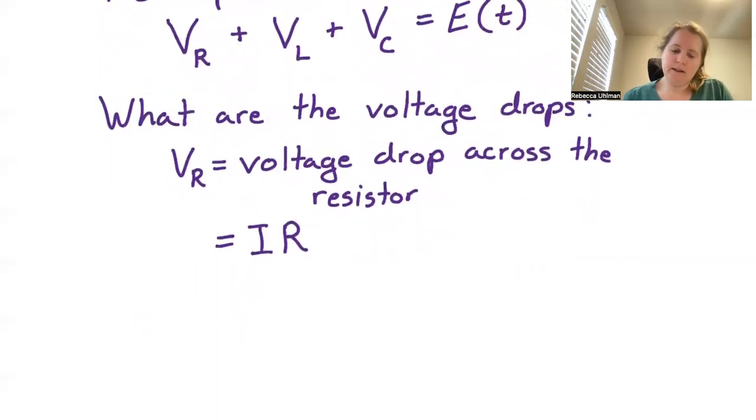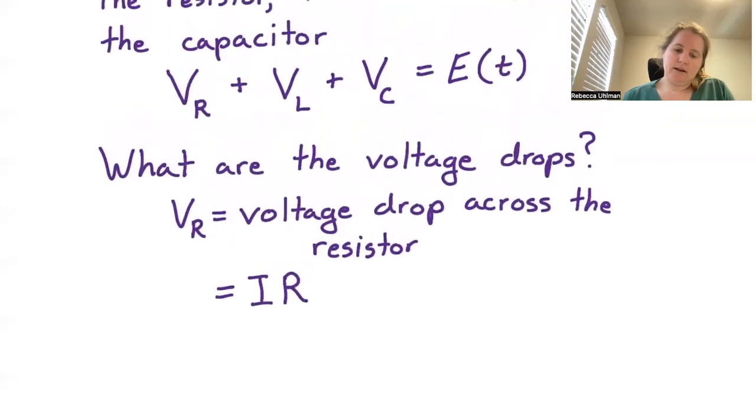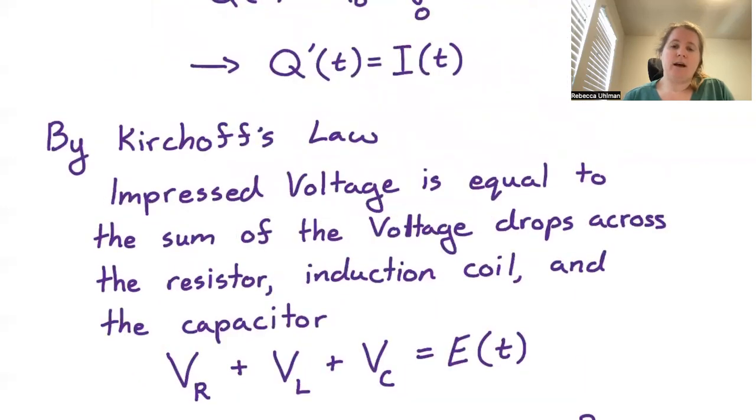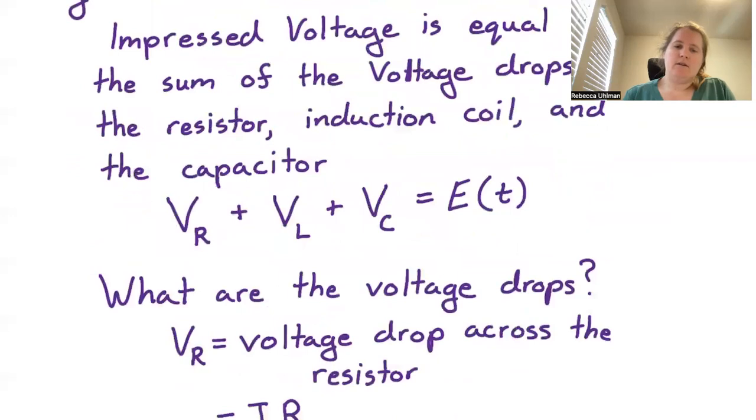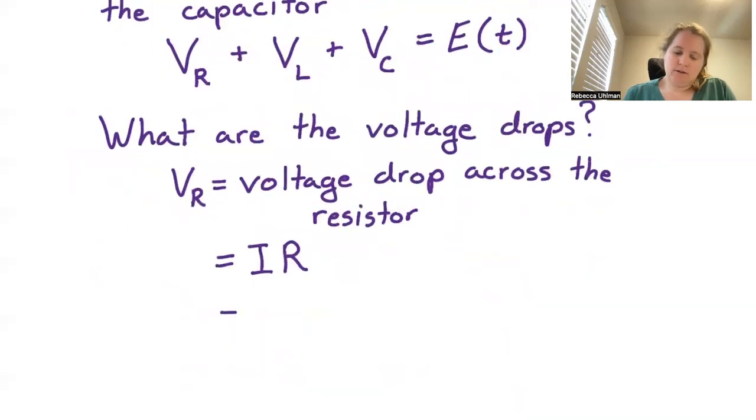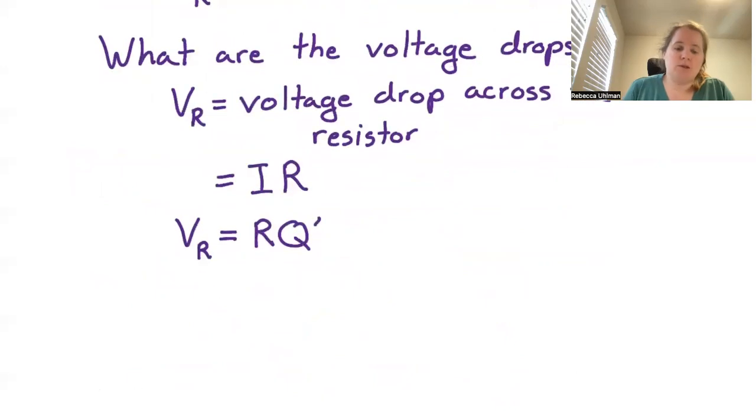So equivalently, since Q prime was I, our voltage drop across the resistor is just the resistance times Q prime.